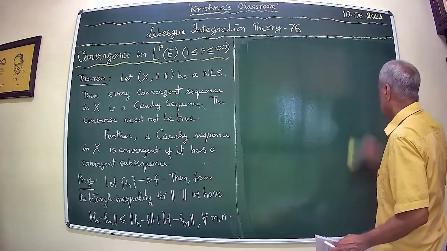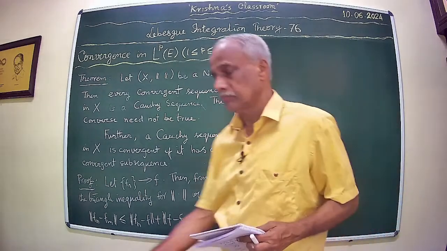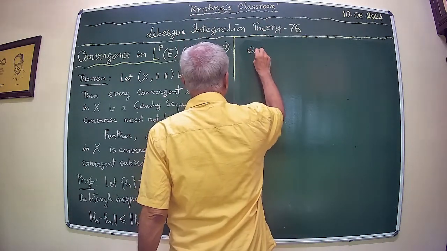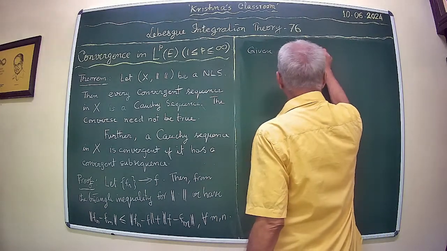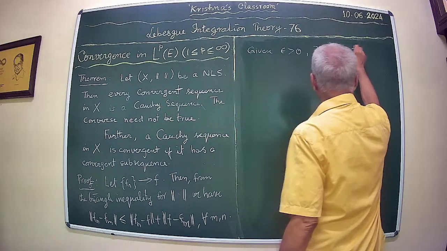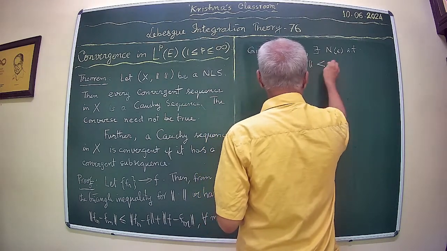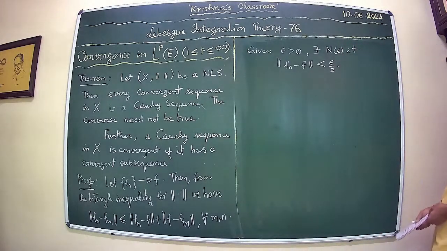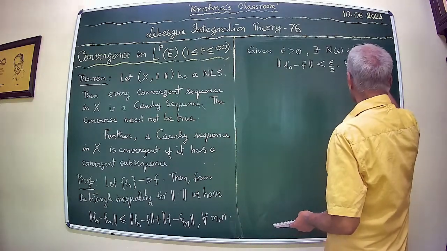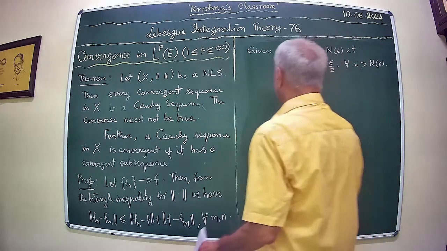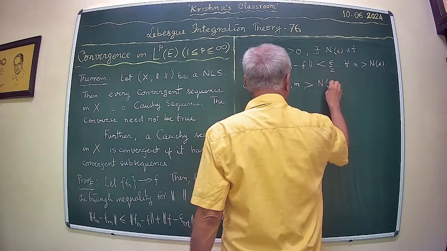So given epsilon positive, corresponding to epsilon by 2, there is an n such that this is less than epsilon by 2. Now choose epsilon.